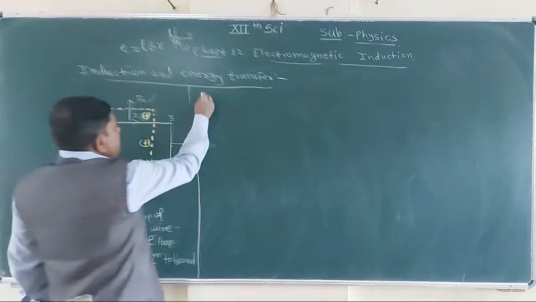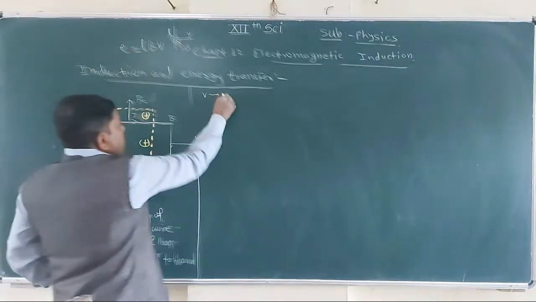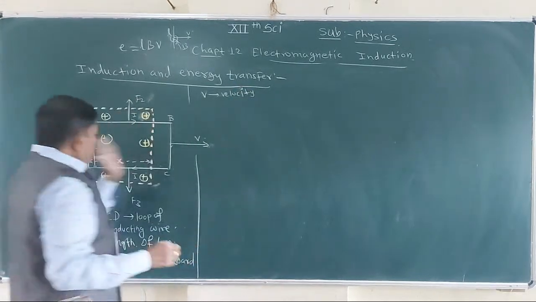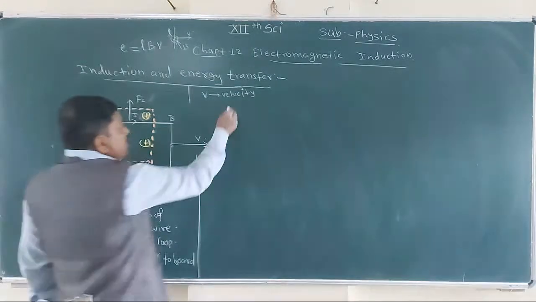V is the velocity with which the frame is moved towards right through a distance x.